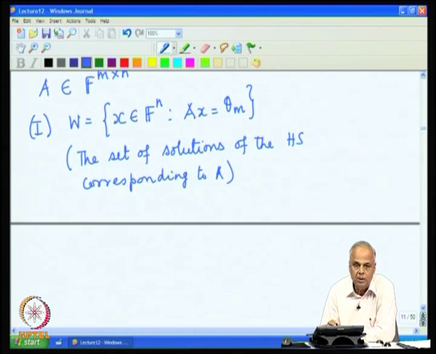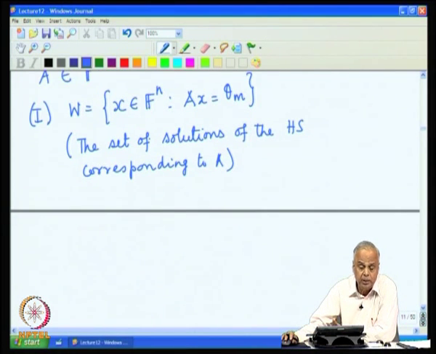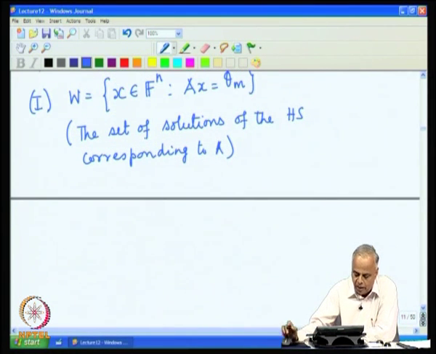It will be a subspace of what? This is a collection of vectors from F n. So, this is a subset of F n. So, if at all it is a subspace, it will be a subspace of F n.